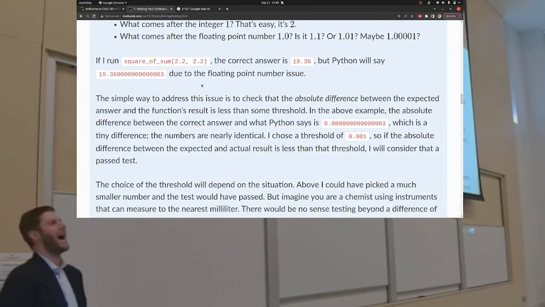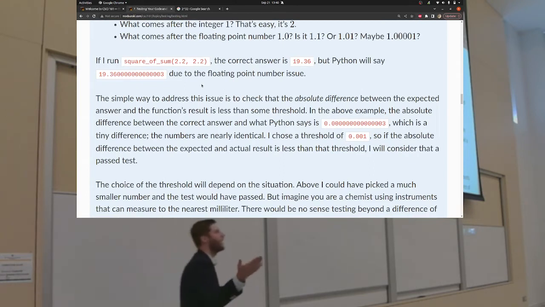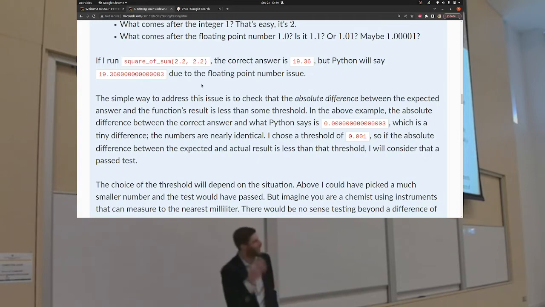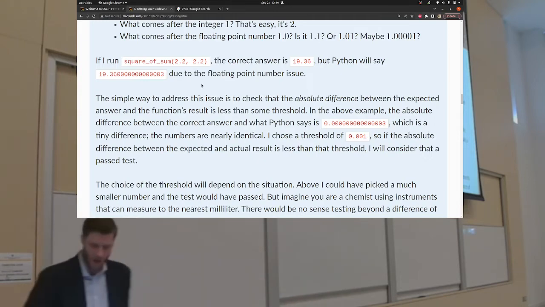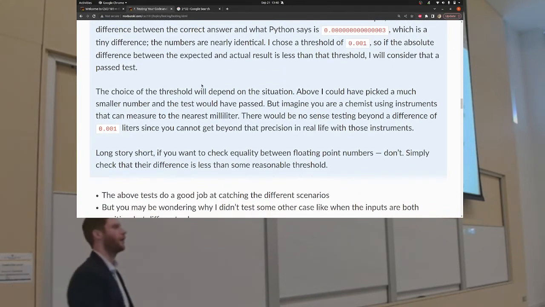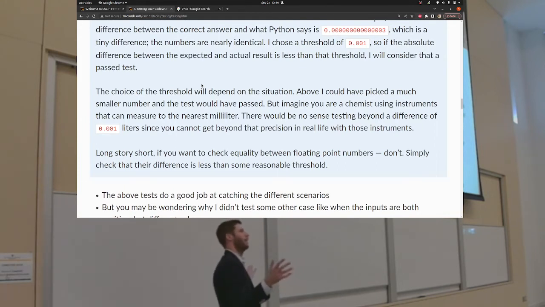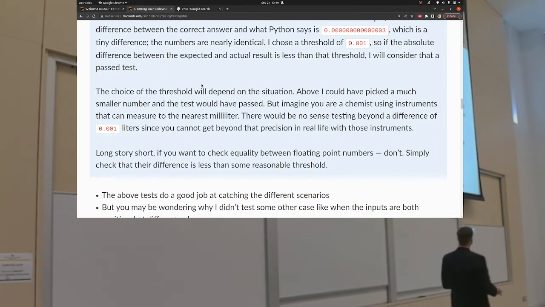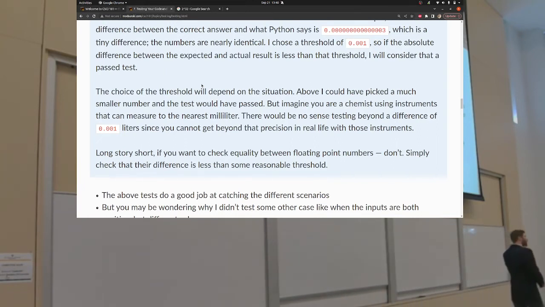If you're going to ask, well, how do I know what threshold to pick? Pick something reasonable. But also consider that right now we're making programs that are arbitrary, like, write a program to do this, write a program to do that. But in real life, maybe you're writing a program for chemists, and your chemists want to do some comparison of the measurements. But the chemists' instruments can only measure to the nearest milliliter or something, 0.01 liters, right?